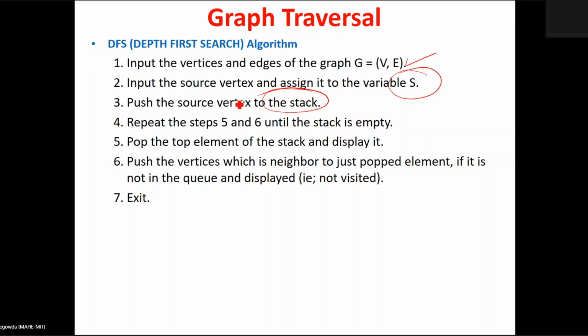We push the source vertex onto the stack, and after that my algorithm will repeatedly do the fifth and sixth steps till we visit all the nodes.